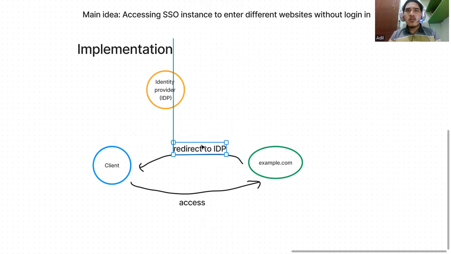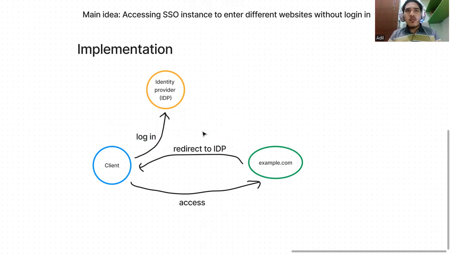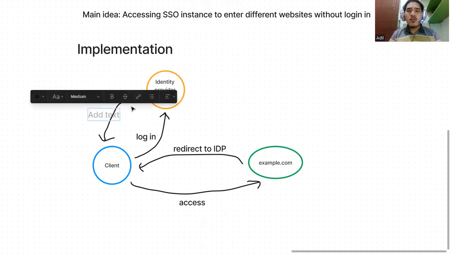And then because it has been redirected to the IDP, the client would fill in his credentials, which are the username and his password, so log in here. If the login is successful, the IDP will give a token. Let's name it token 1.